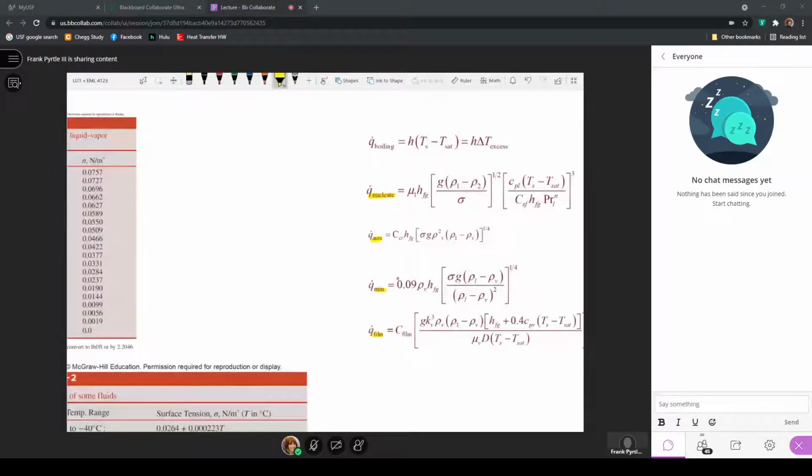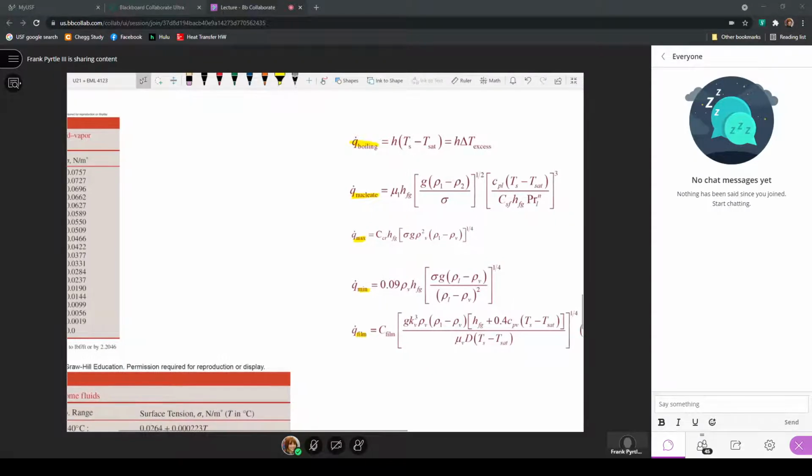And again, for each one of these heat fluxes, according to the regime, nucleate or film, or these points where the maximum heat flux is just the maximum heat flux for the nucleate pool boiling, and the minimum heat flux is the minimum associated with film boiling. But all of these can be related to the expression of a heat flux by boiling. That is just the heat transfer coefficient times the excess temperature, the surface temperature minus the saturation temperature.